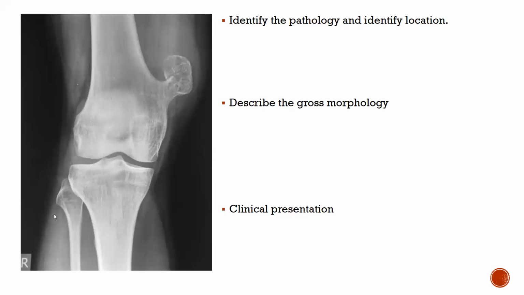Actually, saying this is an X-ray picture is an idea. At least you know what you're beginning with. What part of the body is this? Looks like the knee joint. The knee joint.